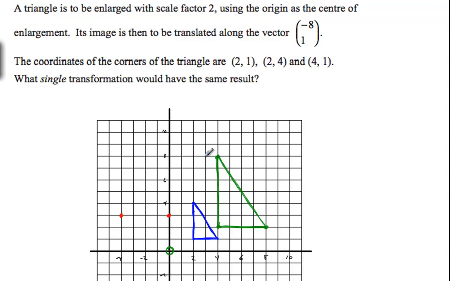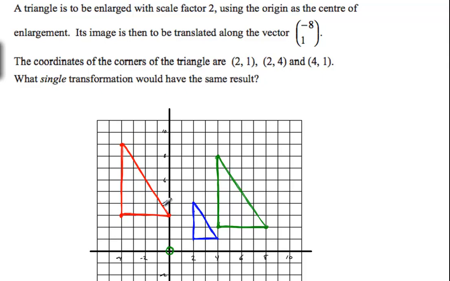This point will move over 1, 2, 3, 4, 5, 6, 7, 8 and up 1. We're simply applying this translation, and we can join these dots together. And this is our second transformation. So we end up with the triangle here.